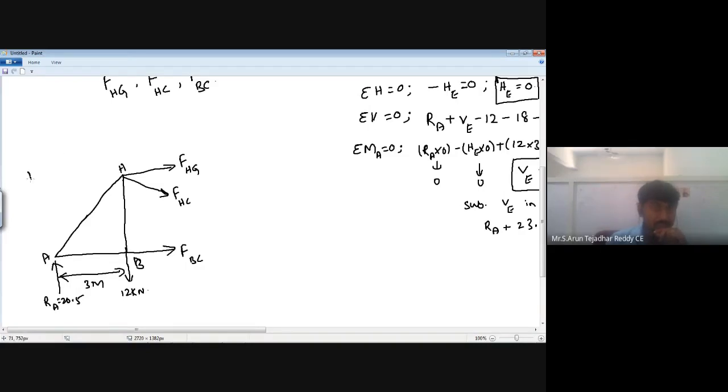And this is after cutting the section, the left hand side. Next, draw the free body diagram of the right hand side also.